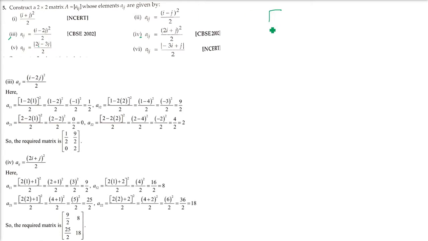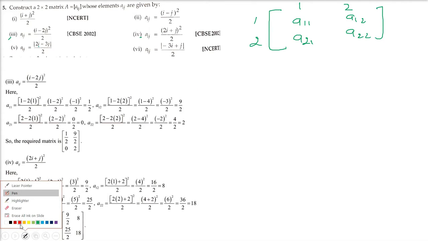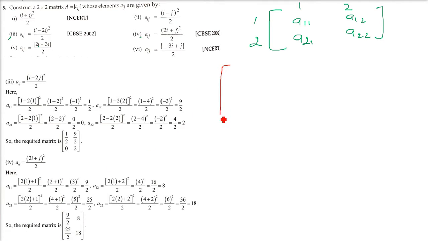So this is a 2 by 2 matrix, so we have 2 rows and 2 columns. This will be A11, A12, and this is A21 and A22. Just put i as the row number and j as the column number.